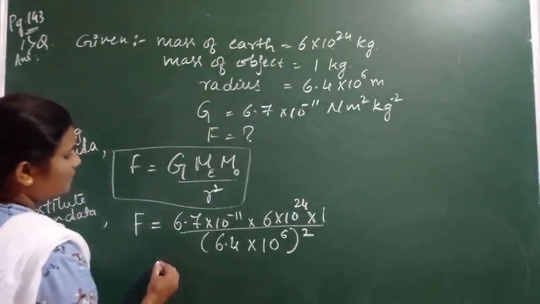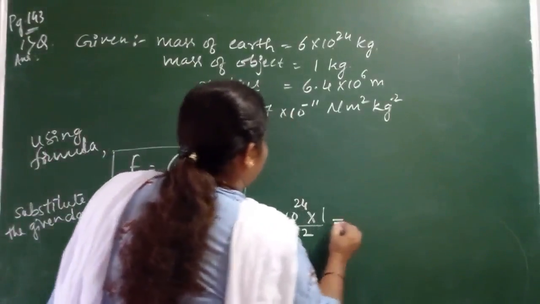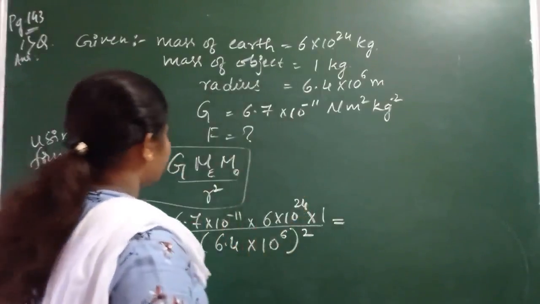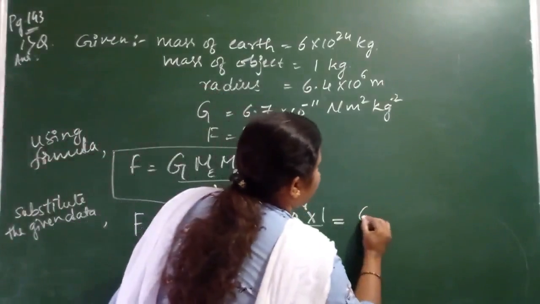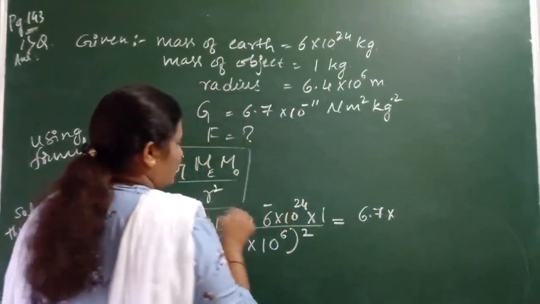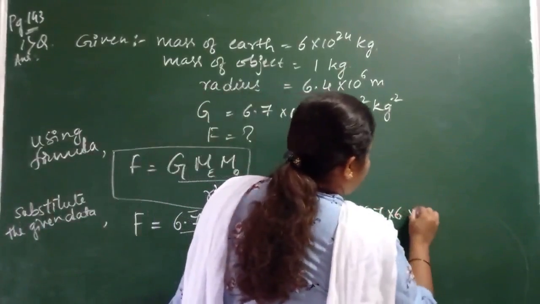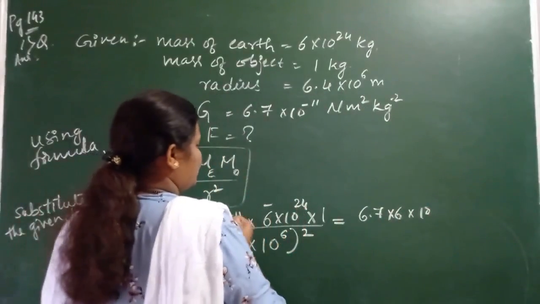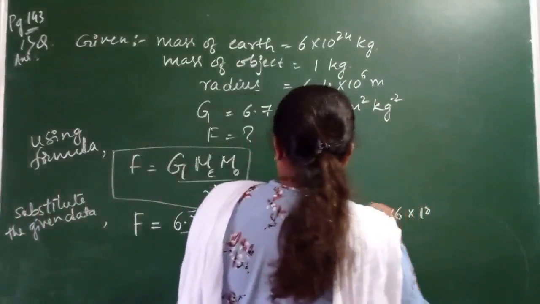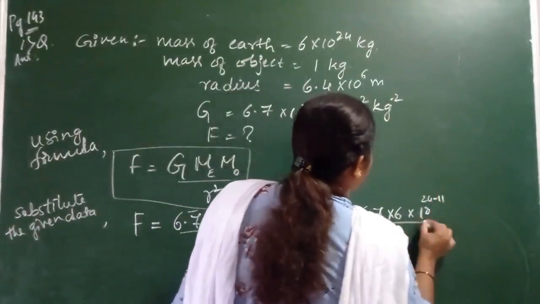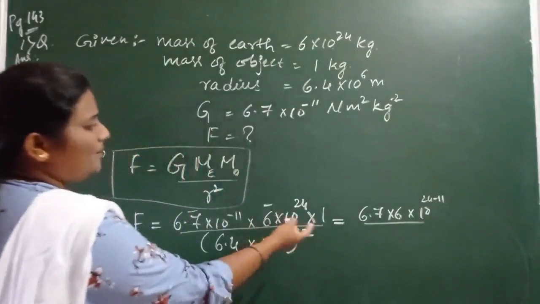Now, let us take all the exponents to one side. 6.7 into 6 into 10 to the power of 24 minus 11, whole divided by, into 1 means 6 only.